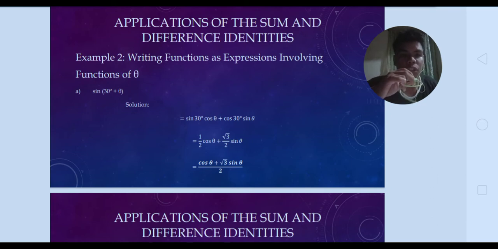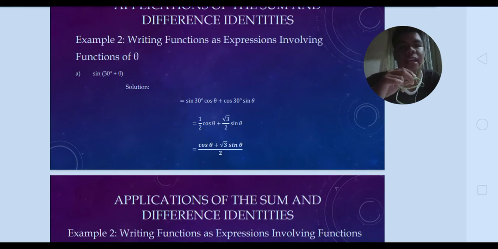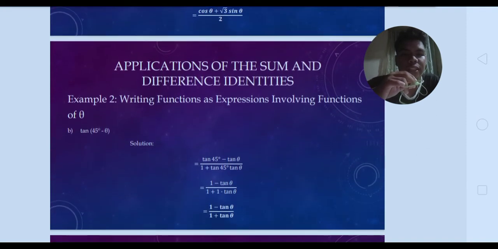Then we have to substitute the known values, which is sine 30 degrees equals 1/2 and cos 30 degrees is square root of 3 over 2. Then we have to add fractions. Therefore, sine 30 degrees plus theta is equal to cos theta plus square root of 3 sine theta over 2.